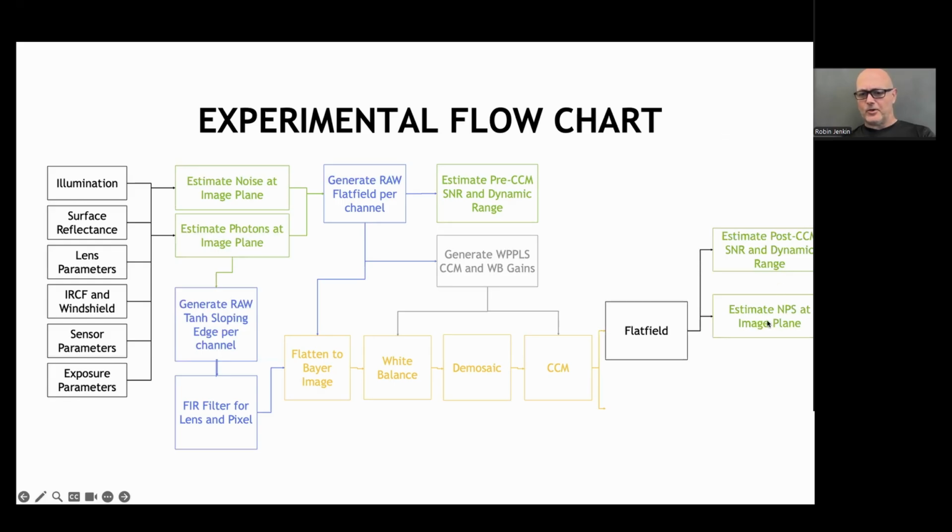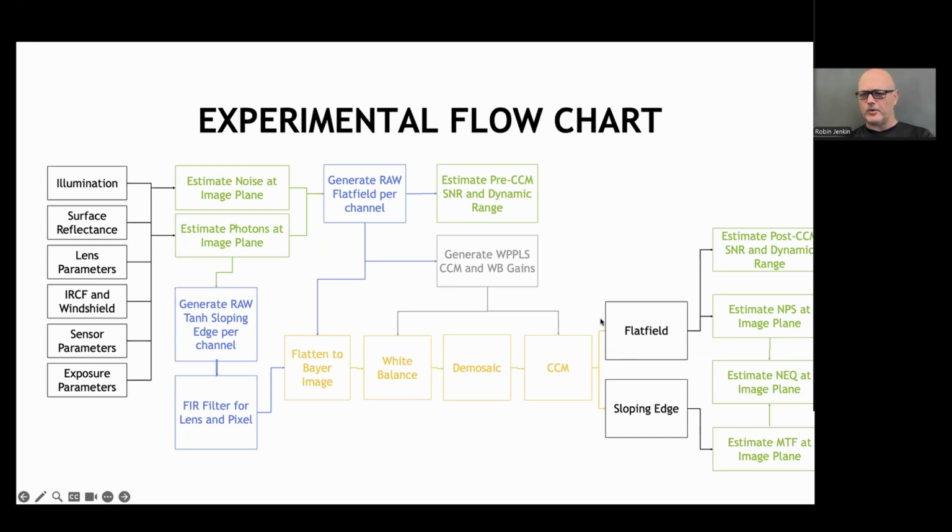We can estimate noise power spectrum as well. I also generate a sloping edge, so I can calculate noise equivalent quanta at the image plane, and MTF at the image plane as well.